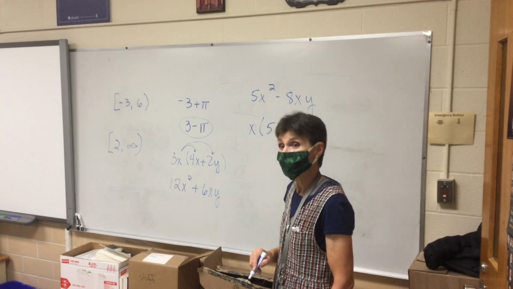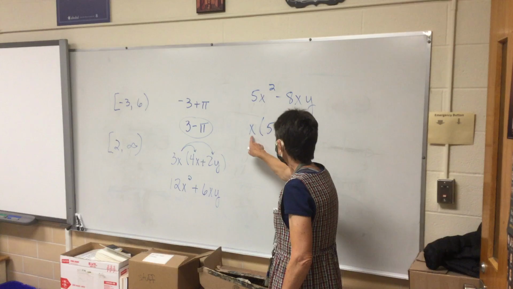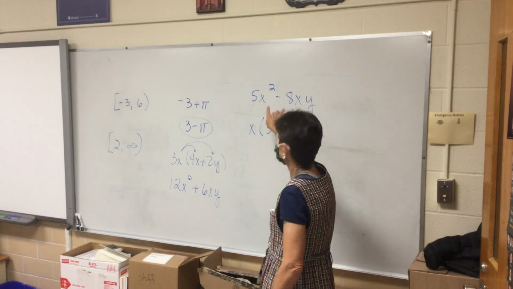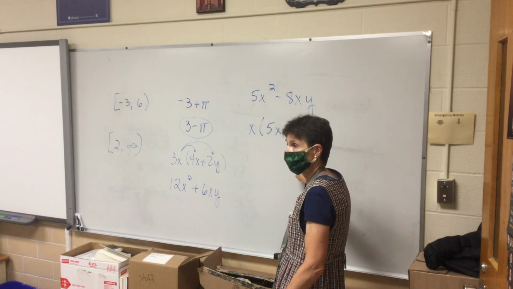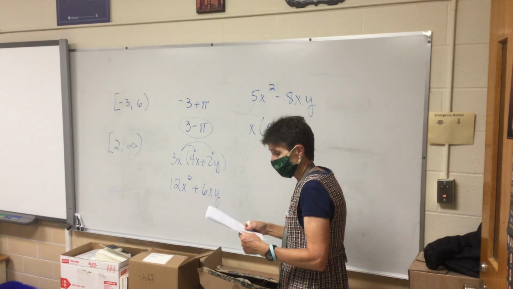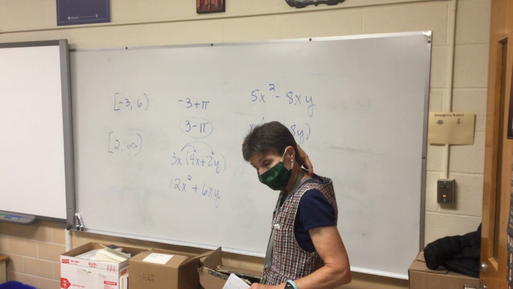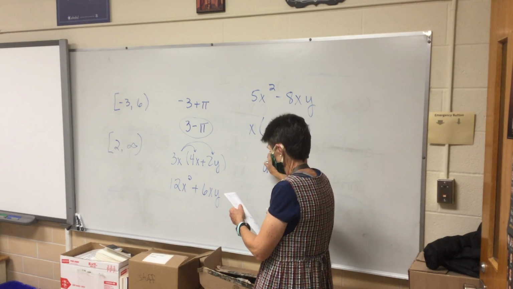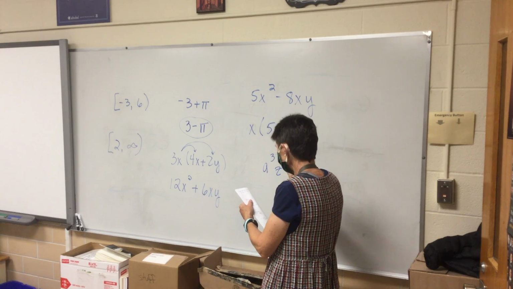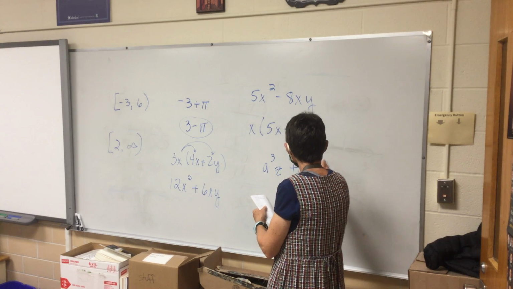And of course you can check yourself, because if you multiplied this back in, you should end up with this again, right? All right, try C. Try C on your own. Tell me what you get. Don't say it out loud yet. Let everybody have a chance.